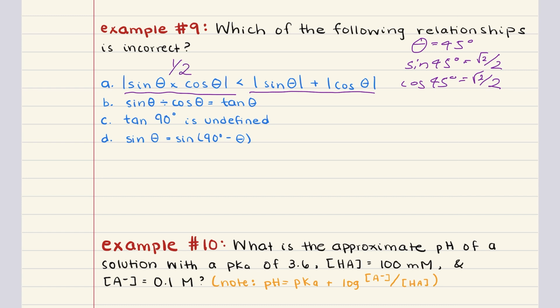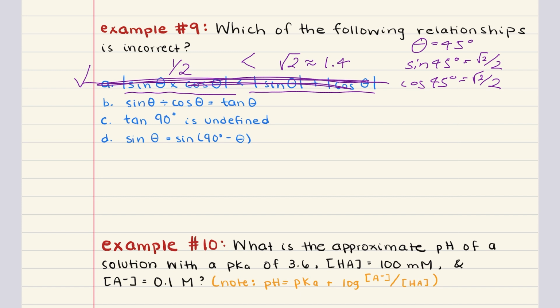On the other hand, the sum of their absolute values is going to equal the square root of 2, which is approximately 1.4. So we can clearly see that the sum of their absolute values is greater than the product. So this statement is absolutely correct. We can go ahead and eliminate answer choice A.